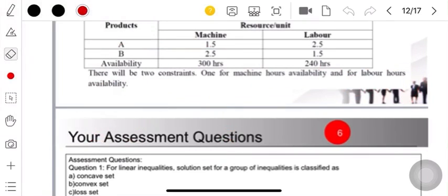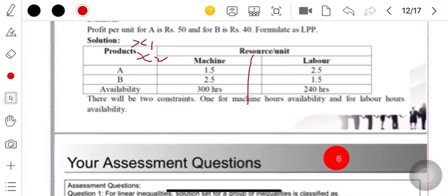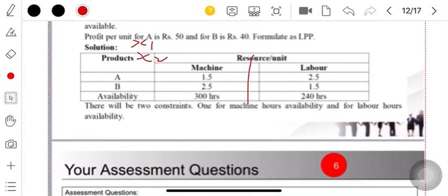So let x1 units of product A and x2 units of product B be produced per month. What will be the total profit? The profit per unit is already given: for A it is 50 and for B it is 40.